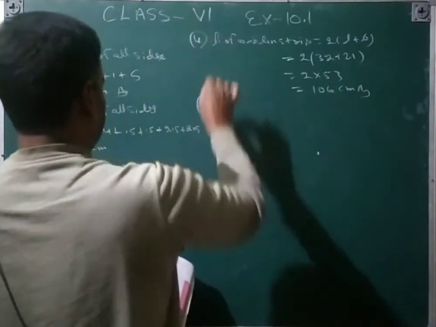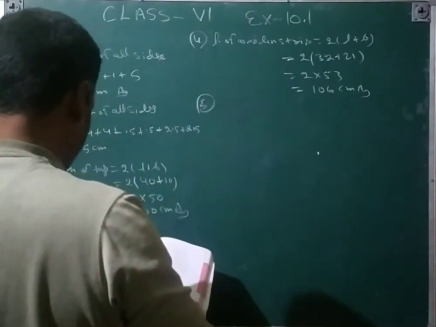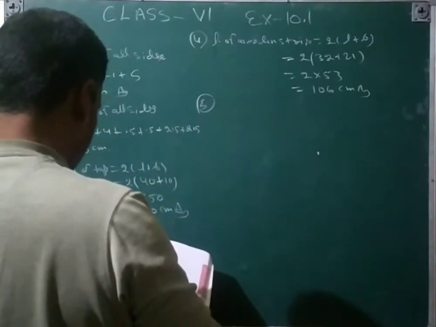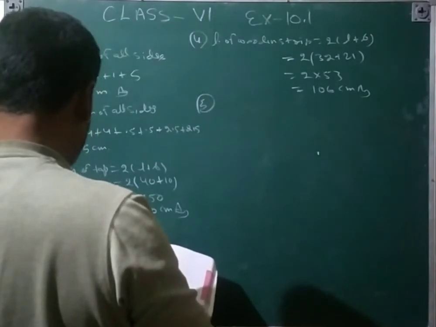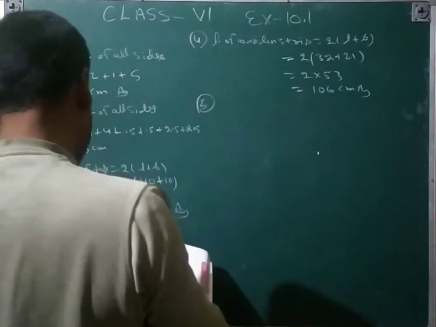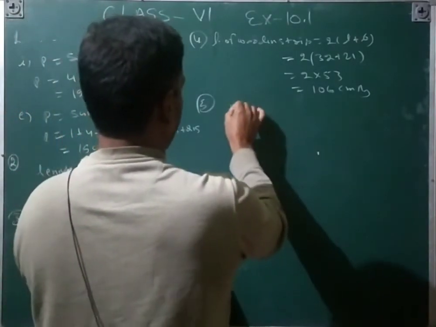Fifth question: a rectangular piece of land measures this. Each side is to be fenced with 4 rounds of wire. So what is the length of wire? First we will find the perimeter.